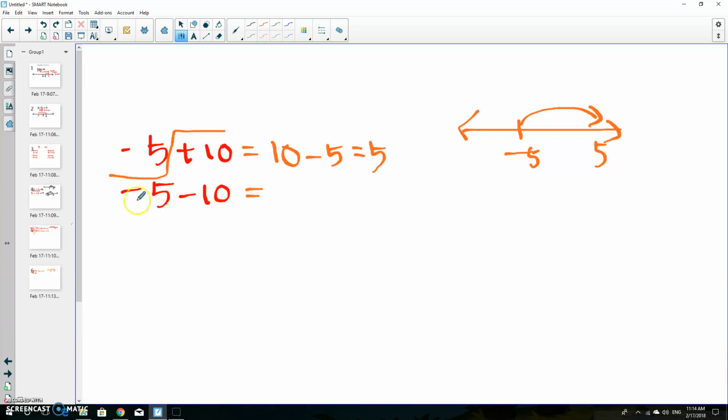Now, this one, -5 minus 10. A lot of students have problems with this. For some odd reason, you're trying to go to the right, but we don't have that, right? Subtract is telling you to go to the left. So from here, you're going to the left. You're going to be going deeper into the negative system.